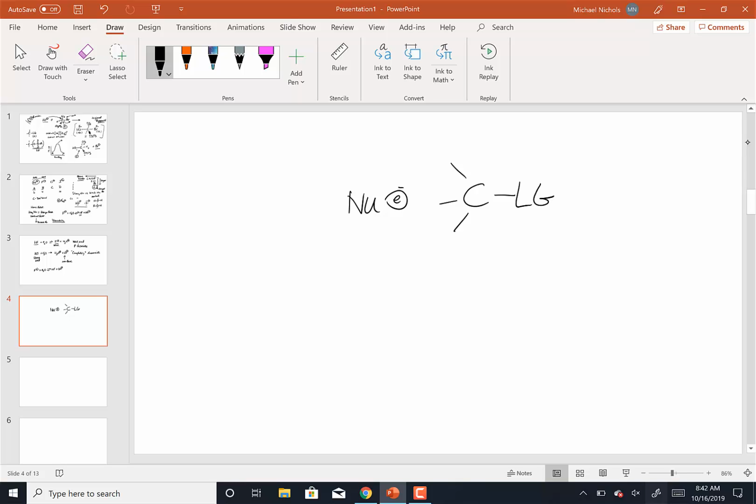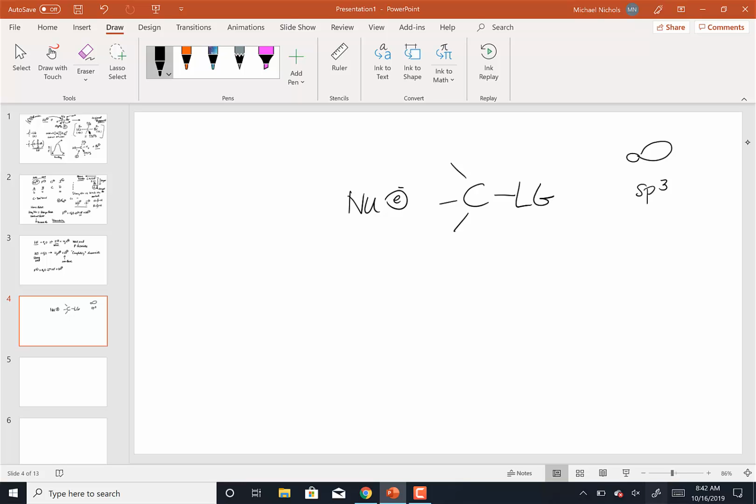The way that happens is two orbitals overlap. And we remember that when we had an sp3 hybrid orbital, we had the big lobe, and then we had the little tiny lobe, and we said, let's ignore the little tiny lobe until we need it.